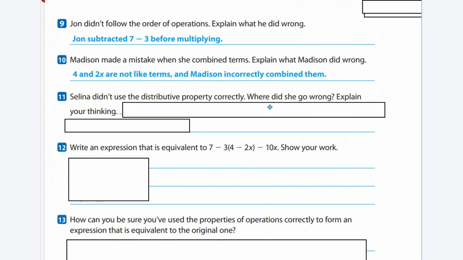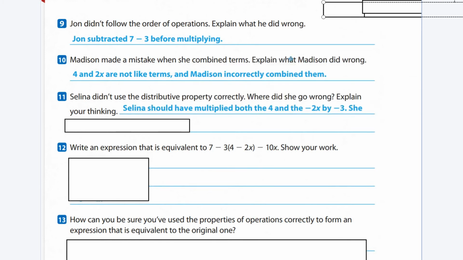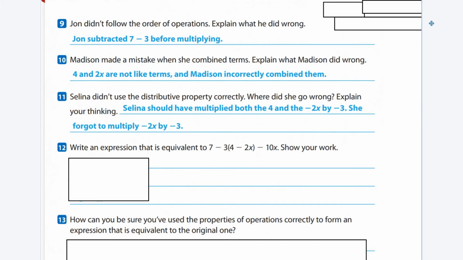Let's look at Selena. Selena didn't use the distributive property correctly. Where did she go wrong? And explain your thinking. Well, Selena should have multiplied both the 4 and the negative 2 by negative 3. She forgot to multiply negative 2x by negative 3. Let's look at that.